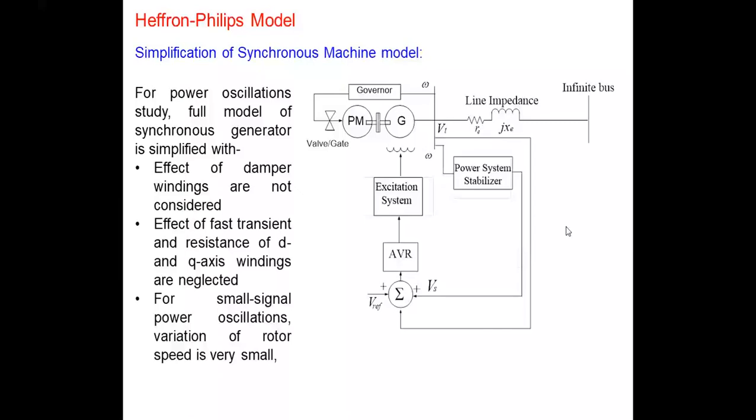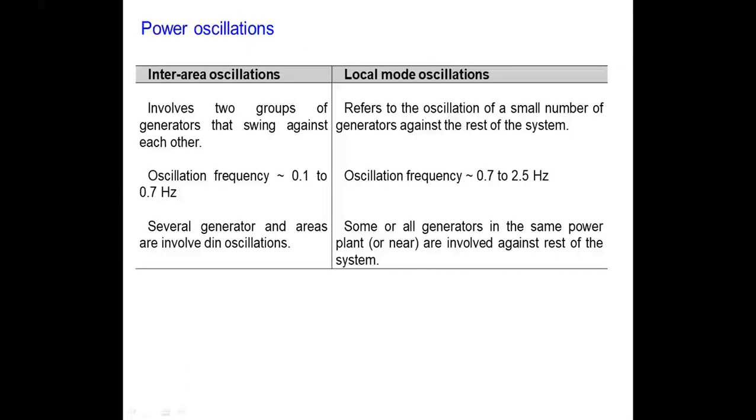So when we talk about local mode, that means only a few generators, and inter-area means all the generators in area 1 with respect to the generators in area 2. Correct? Yes. So inter-area could involve more generators, because it will be several generators in area 1 and several generators in area 2.